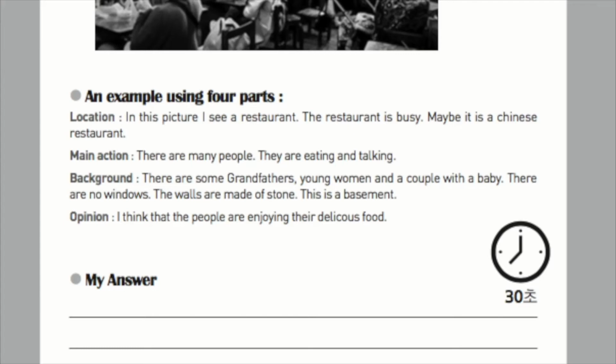Maybe it is a Chinese restaurant. There are many people. They are eating and talking. There are some grandfathers, young women, and a couple with a baby.